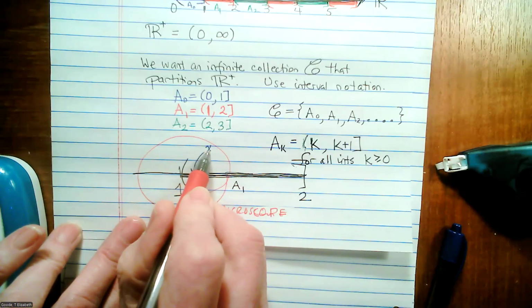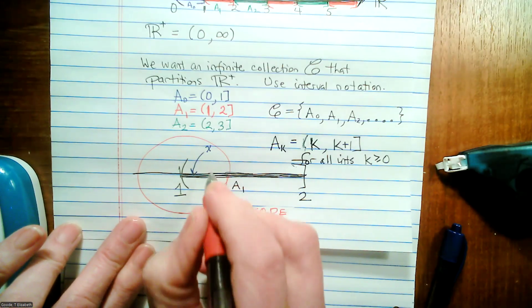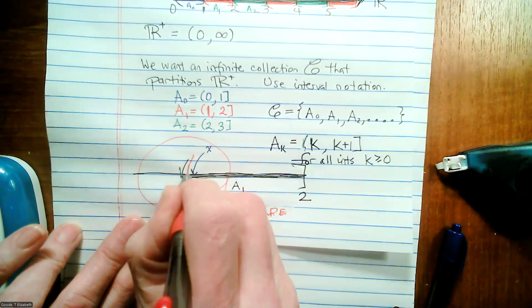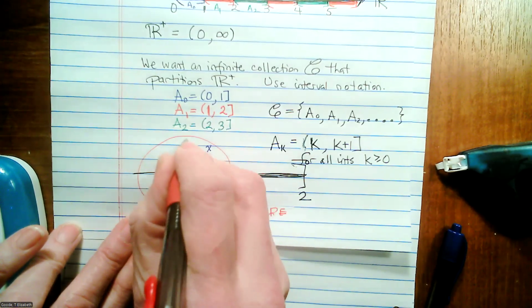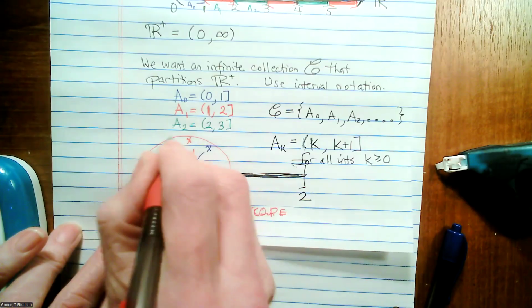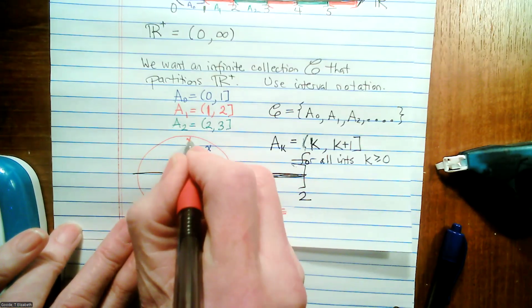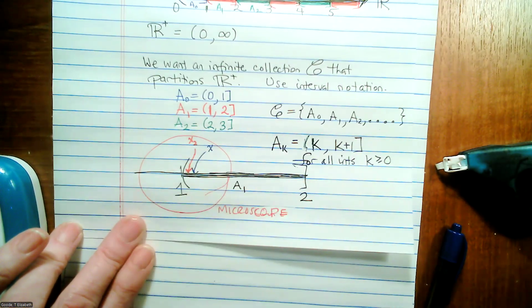So the minute you think you found the smallest element in A1, I'll pick one that's even closer to 1. I'll call this X2 and we'll call this one X1.